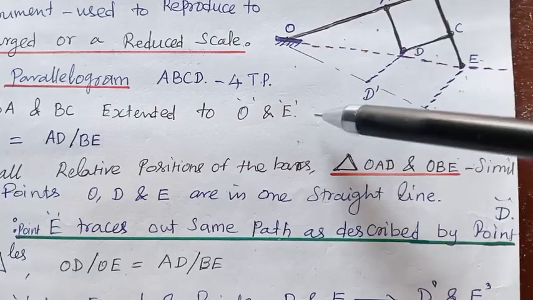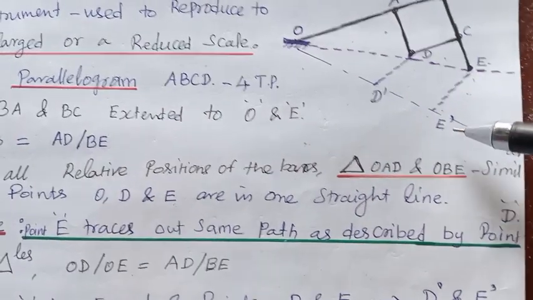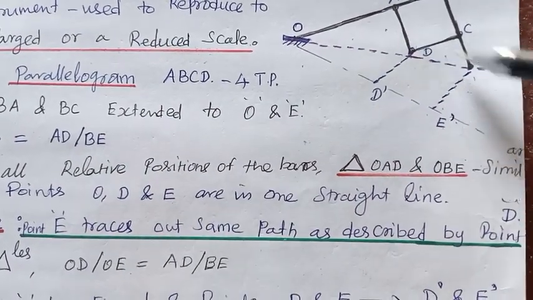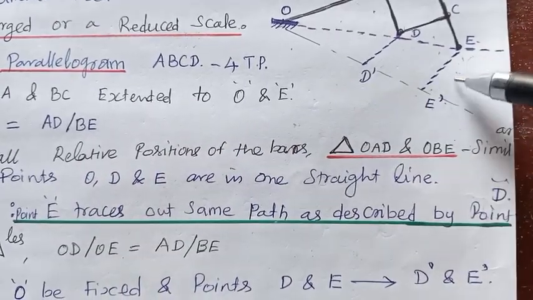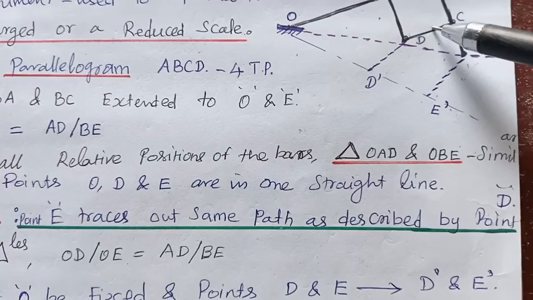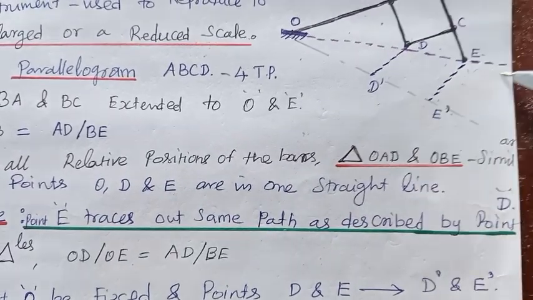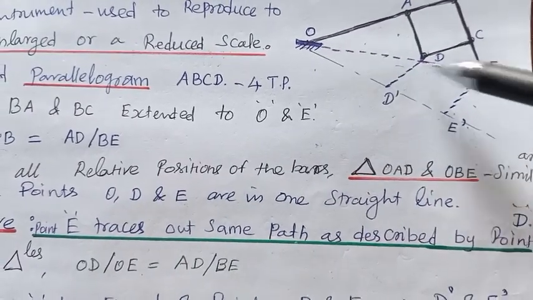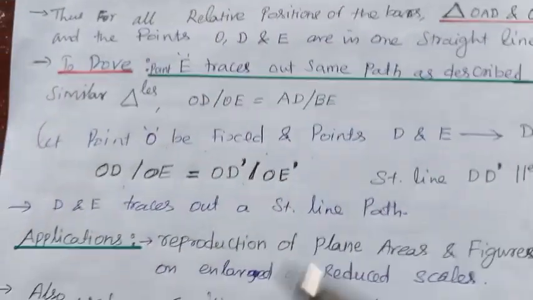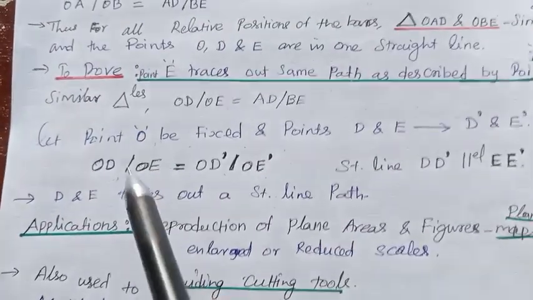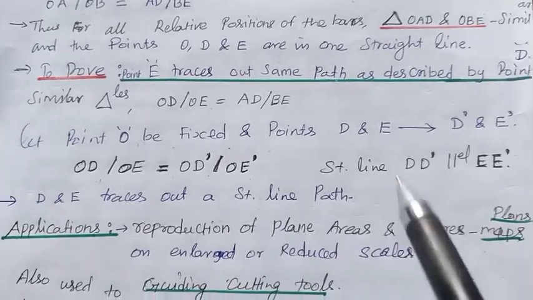D moves along D dash and E moves along E dash, in a parallel way. So D follows D dash and E follows E dash, which is parallel. Our proof is that DE traces out a straight line path.